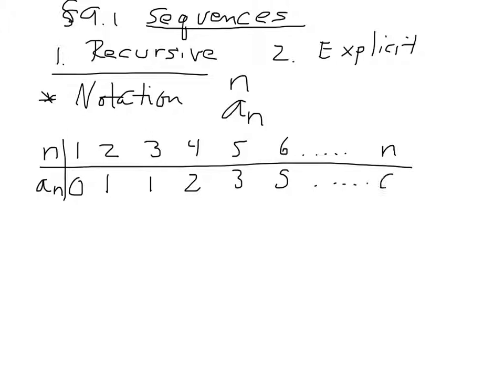So, for example, what's the fifth number in that sequence? If n equals 5, that means we're dealing with the term that's in the fifth position. So if n is 5, a sub n in this case would be a sub 5.